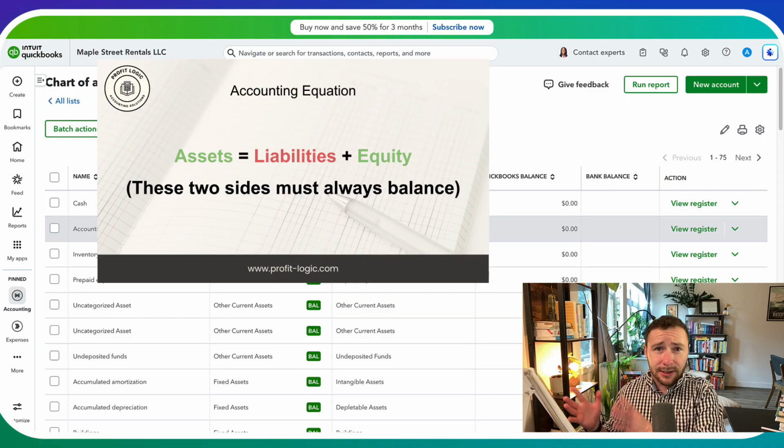And the last section, this one's a little harder for folks to understand, is equity, because it's a term that gets thrown around a lot in finance. But in this case, equity is basically all the money that belongs to the owner. It could be from money that the owner put into the business, the investment to start the business.